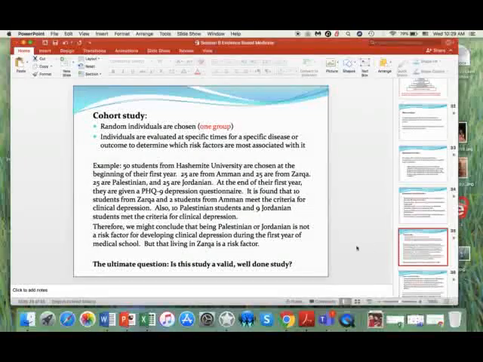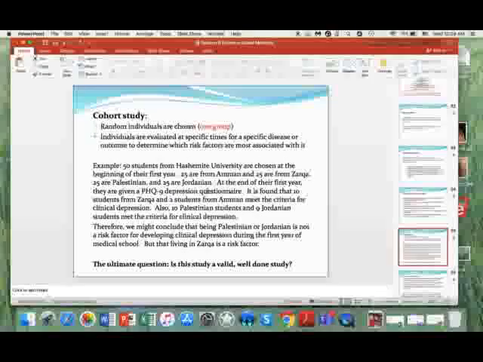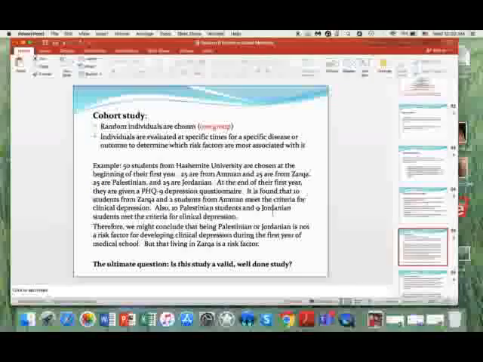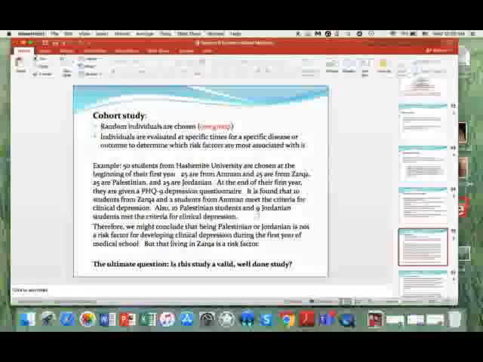So, from this study, what might we conclude? We might conclude that being Palestinian or Jordanian is not a risk factor for developing clinical depression during the first year of medical school, because there's approximately the same number. We'll talk about more statistical analysis later, but right now we're just looking at the data in general.